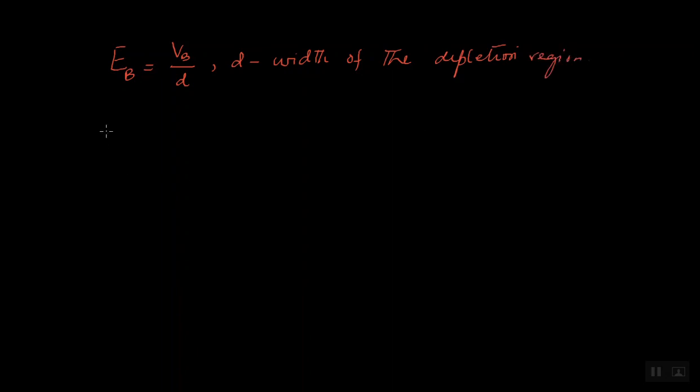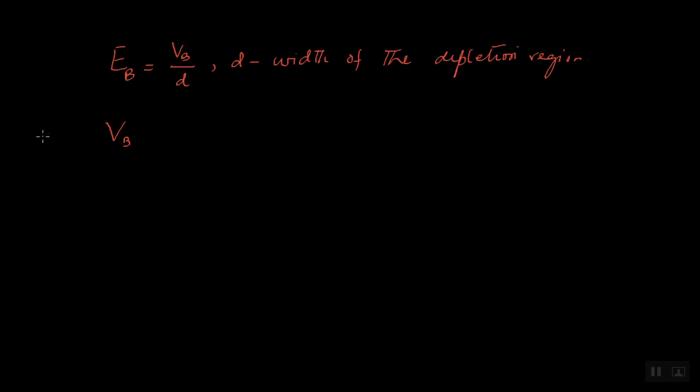And this barrier electric field, let me take another page. This barrier electric field EB is actually VB divided by D, where D here is the width of the depletion region. And the value of VB is different for different materials.